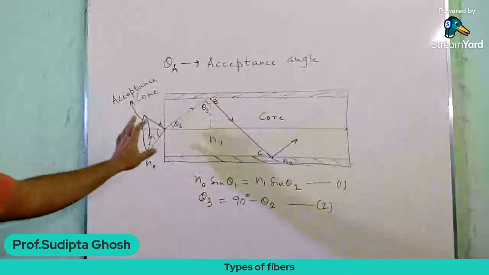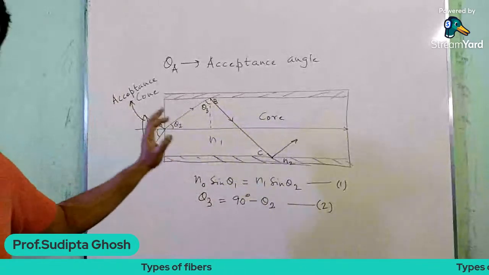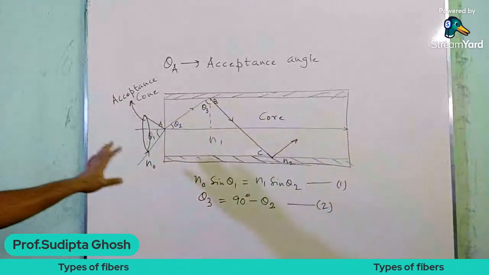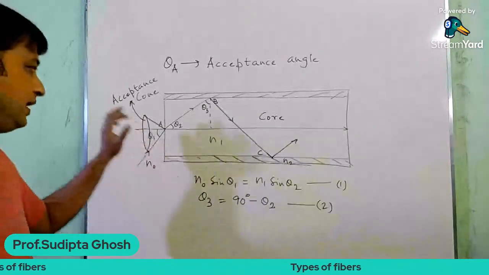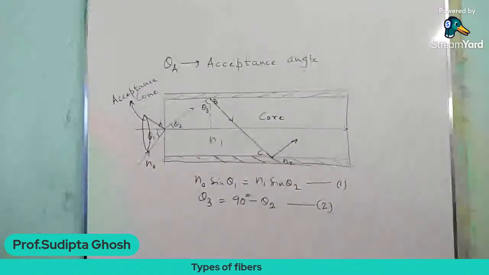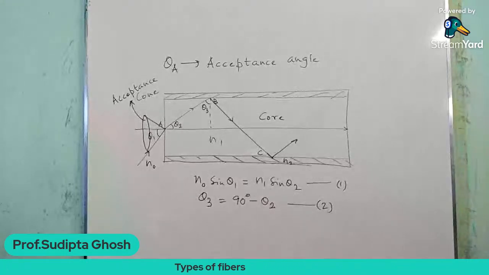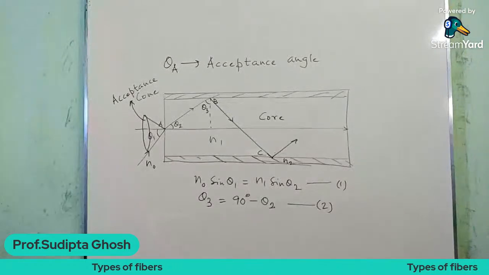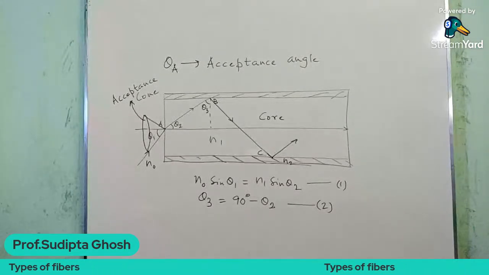So this is the implication of the acceptance cone, but this is not so important in this particular discussion. We want to determine the value of theta A. We must know the value of theta A because this is the maximum value of the incident angle at the opening end of the fiber.